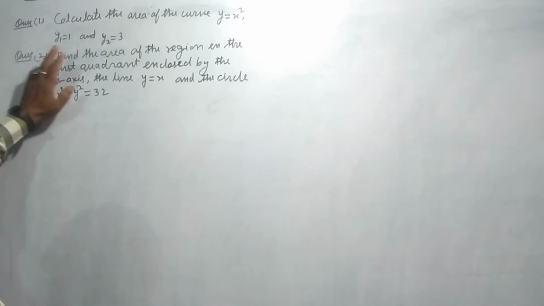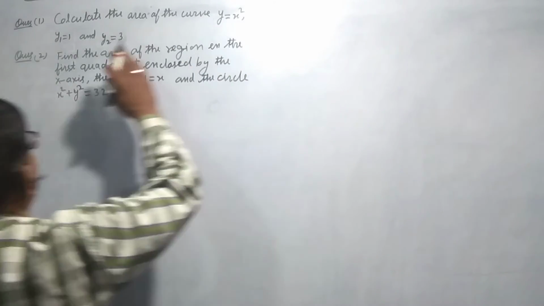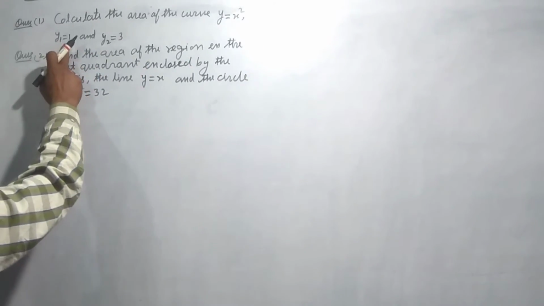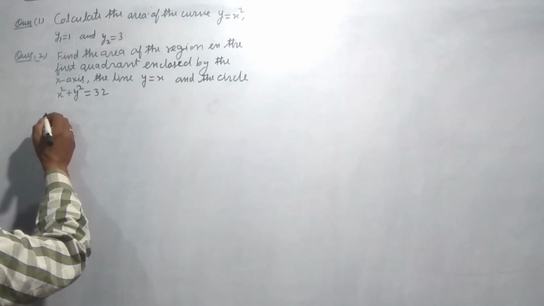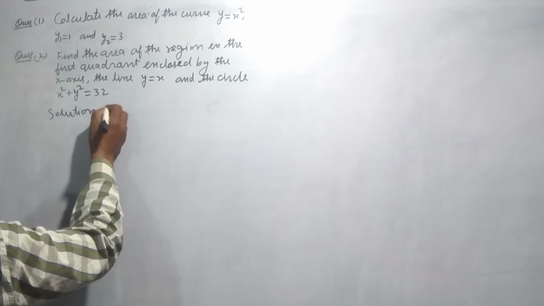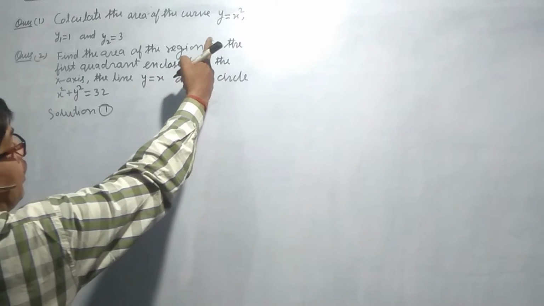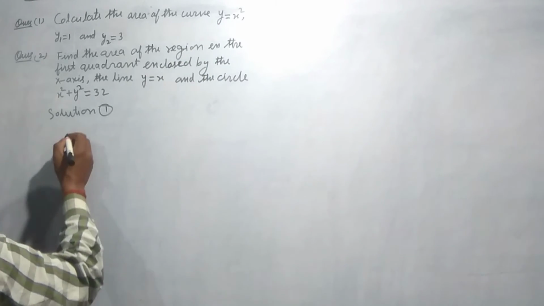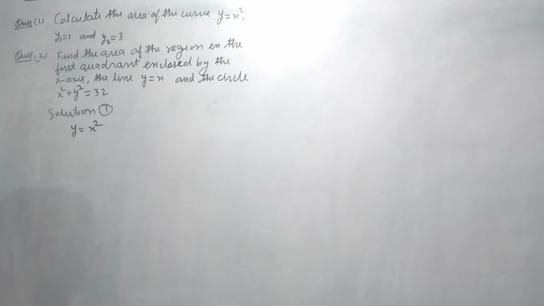Now question number 1: calculate the area of the curve y equal to x square between y1 equal to 1 and y2 equal to 3. Solution: here y is equal to x square, and x square is equal to y.